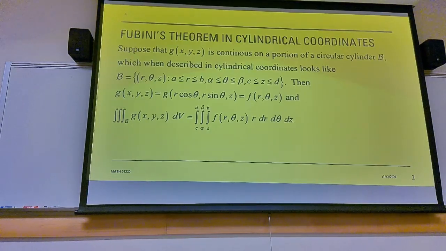The triple integral over B of g dV is the integral from c to d, integral alpha to beta, integral a to b, f of r, theta, z, r dr d theta dz.